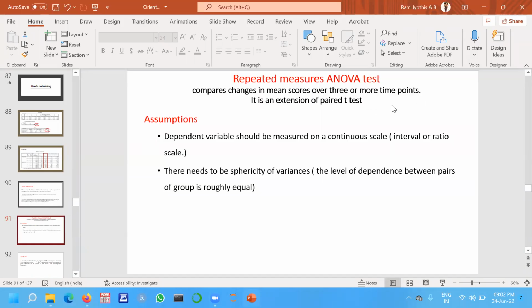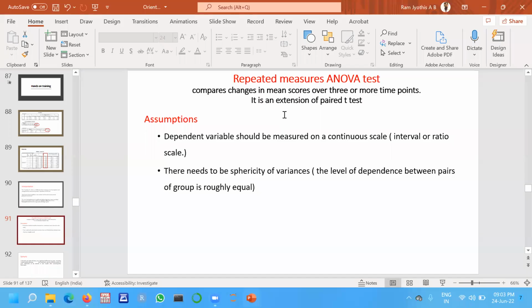You are doing a before and after study, because it is an extension of the paired t-test, and we are taking data at different points of time. In a paired t-test, you are taking data at 2 times, before and after. But in repeated measures ANOVA, you take one reading before, one after, then again after 1 or 2 months, one more reading. Understood?